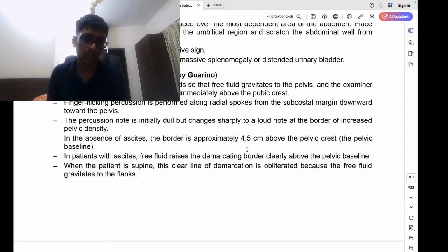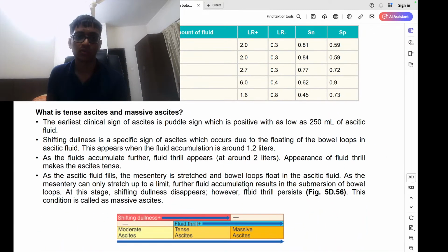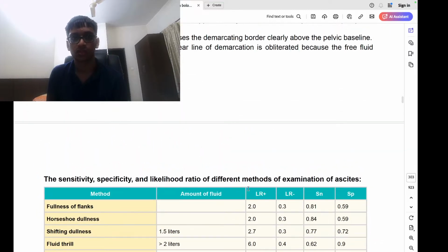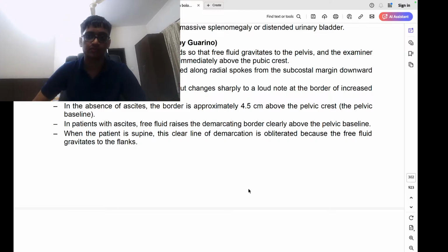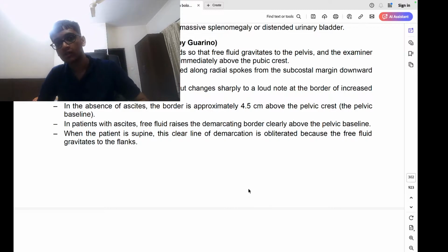Okay. Then you have Gorno's method. After voiding, the patient sits or stands so that free fluid gravitates towards the pelvis. The examiner places a stethoscope on the midline immediately below the pubic crest. Finger-flicking percussion is performed along the radial spokes of the subcostal margin downwards towards the pelvis.